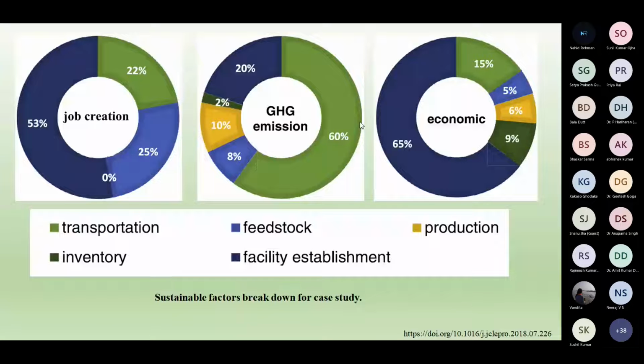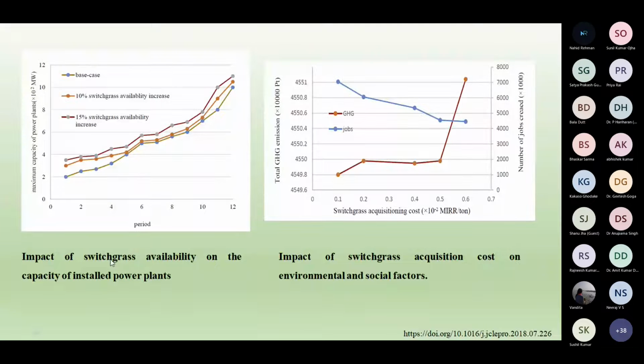They found that GHG emission is reduced, they created jobs, and it is sustainable as well. Based on the availability of the switchgrass, as availability increased, more jobs are created, and total GHG emission also decreased. It is the graphical representation, you understand.